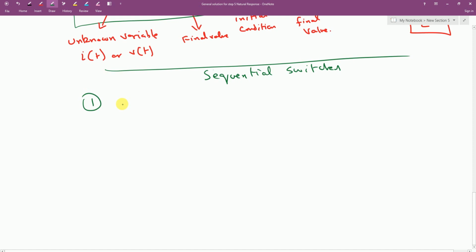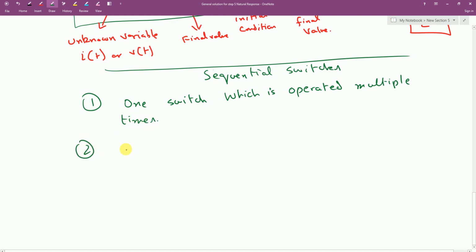One, we have one switch which is operated multiple times, right? Or we may have two or more switches that are operated at different instants of time.